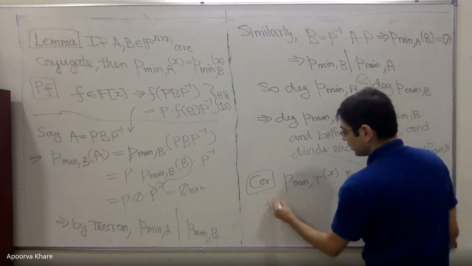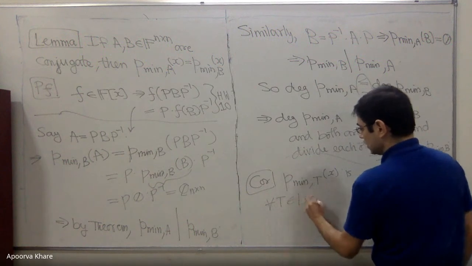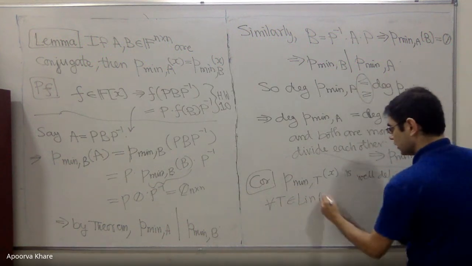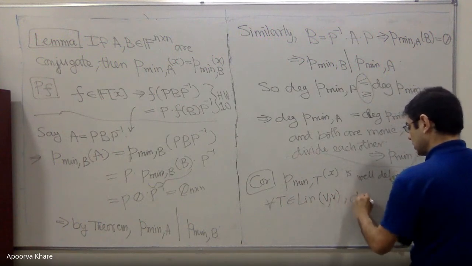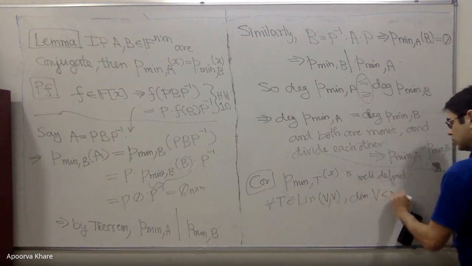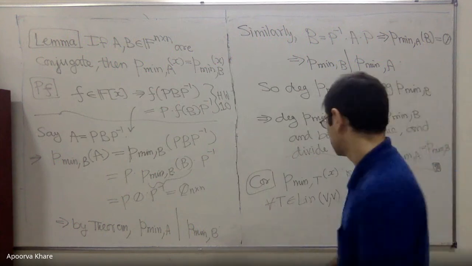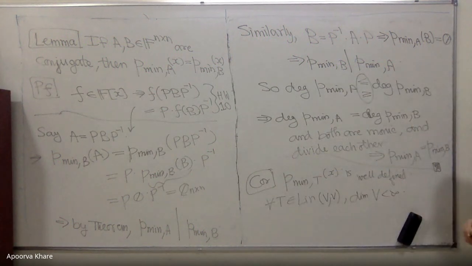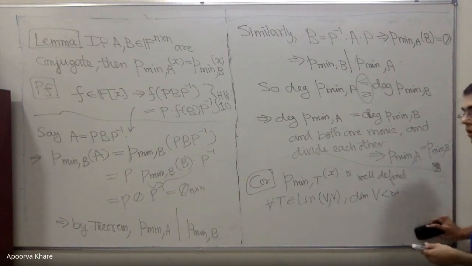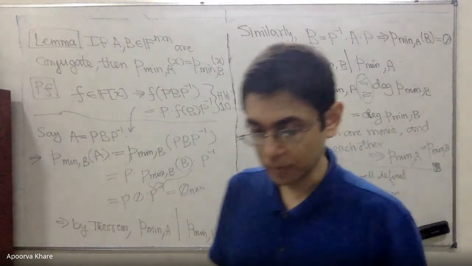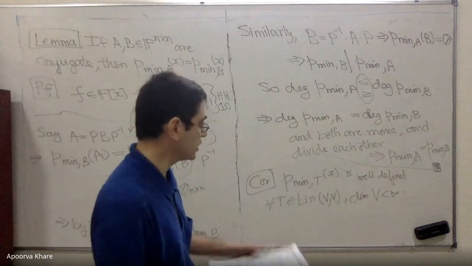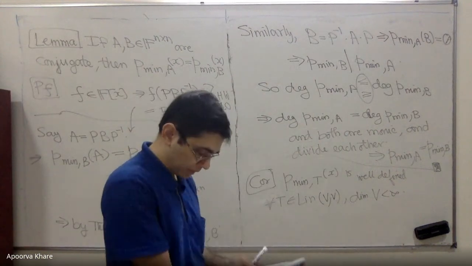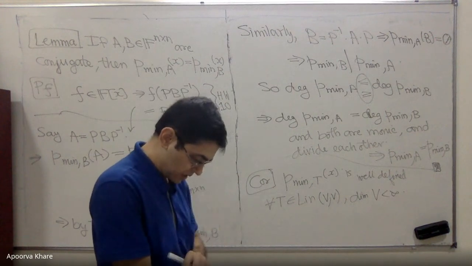For all linear transformations T from V to V, V finite dimensional, P min comma T of X is well defined because it doesn't matter which choice of basis you make. The matrices that turn out to be for T are conjugate to each other, and therefore have the same minimal polynomial.